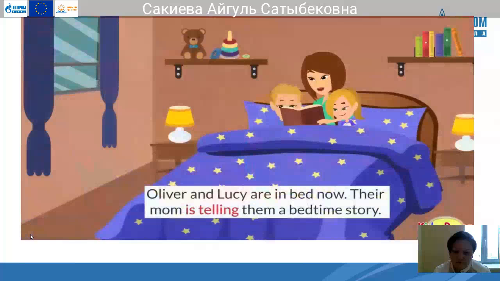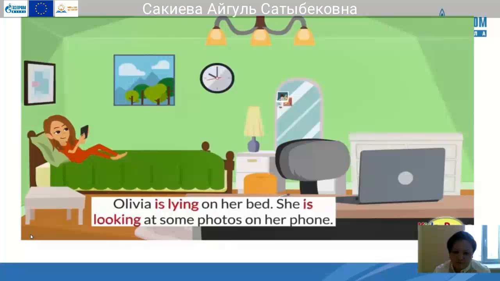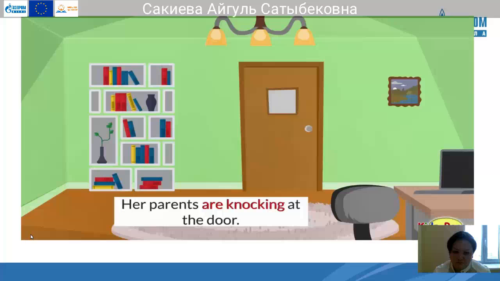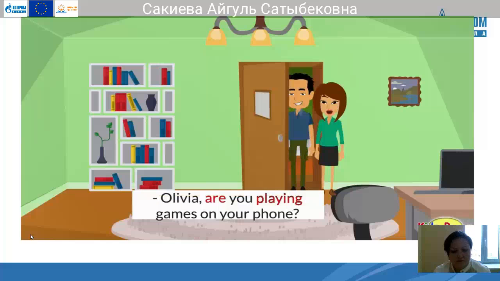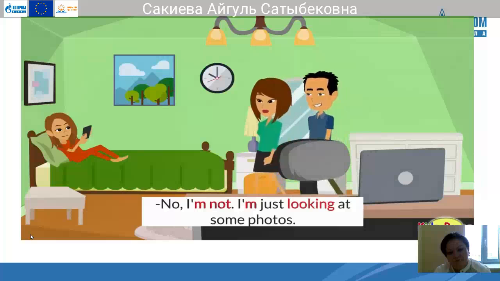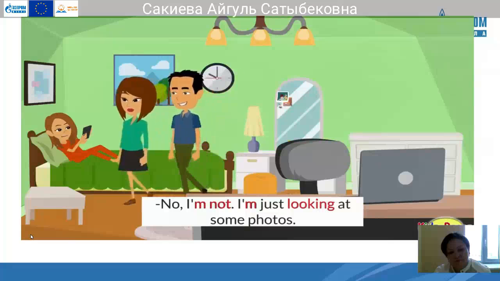Oliver and Lucy are in bed now. Their mom is telling them a bedtime story. Olivia is lying on her bed. She is looking at some photos on her phone. Her parents are knocking at the door. They are opening the door. Olivia, are you playing games on your phone? No, I'm not. I'm just looking at some photos.